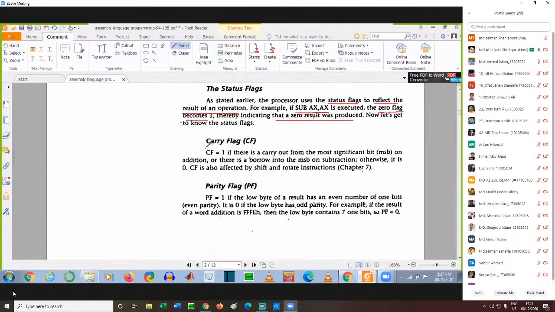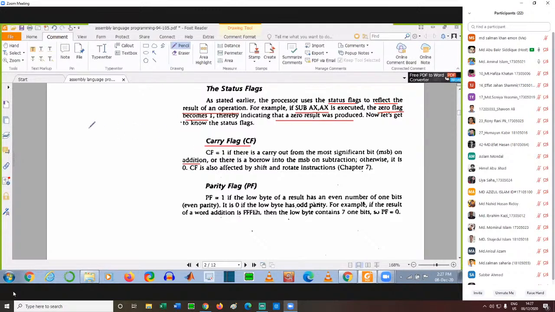So the first one, the carry flag: CF equals 1 if there is a carry out from the most significant bit, MSB, on addition. So if you perform an addition operation and you get a carry, then CF will become 1.